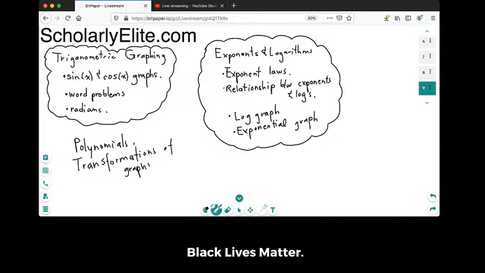Domain and range. I cannot stress enough how important these are. These are going to be relevant for all of the rest of math, including calculus. So if you have any trouble understanding domain and range, please, please, please try and practice that over the summer or book a tutoring session with whoever. It doesn't have to be with us, you guys.